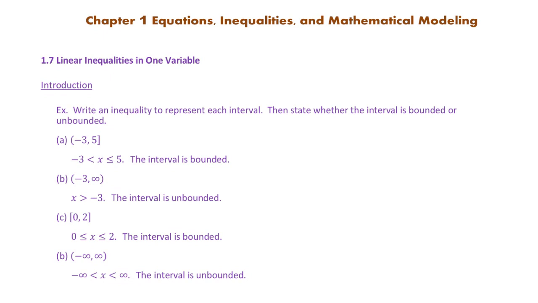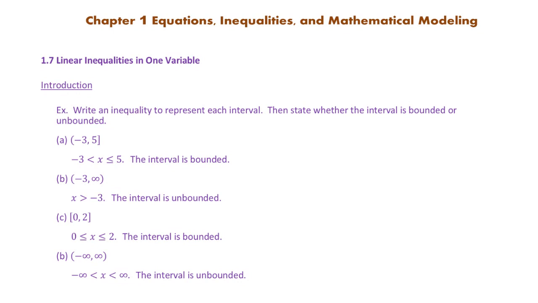So we can write x greater than -3 and less than or equal to 5. This interval is bounded because all the numbers are between -3 and 5. It doesn't go beyond, on the left or right.